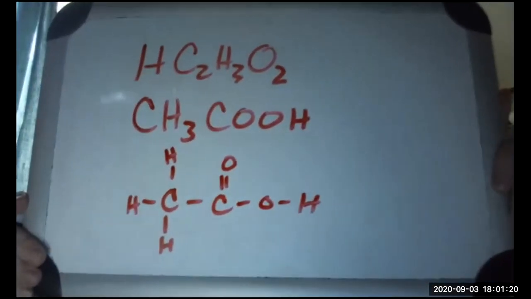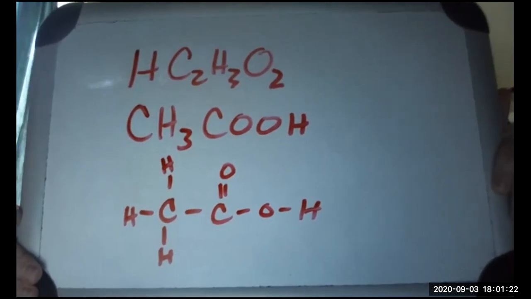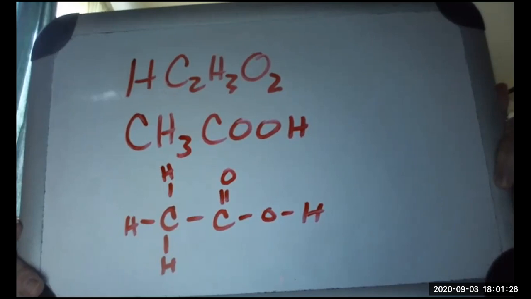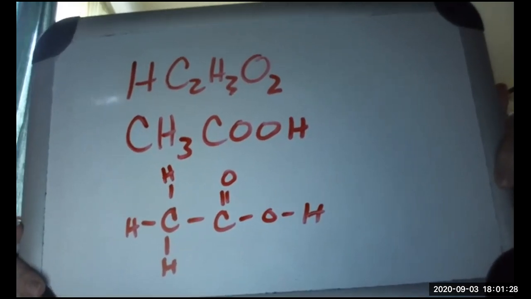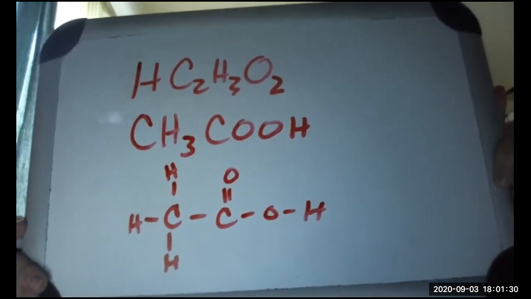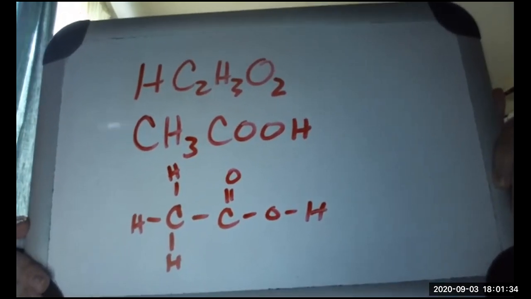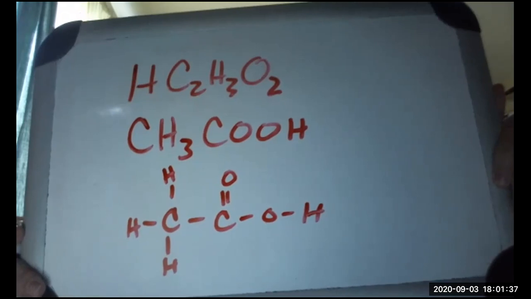The last version is way more indicative of how the molecule is built. We see a carbon that has three little spokes coming off of it, and they are each a hydrogen atom. Then you have your second carbon with a double bonded O poking upward.